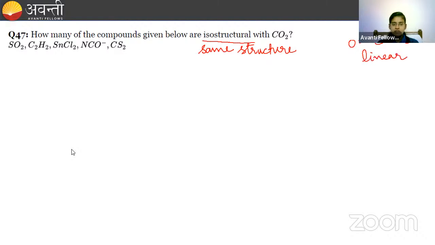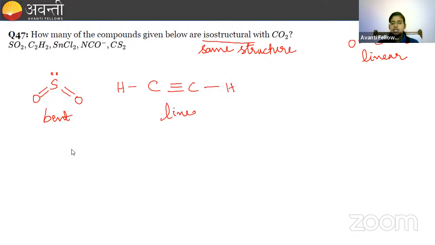Let me start with sulfur dioxide. Sulfur dioxide is S double bond O with one lone pair, because sulfur has 6 valence electrons, right? So the shape is bent. The structure of SO2 is bent. And when you go for C2H2, C triple bond C, H and H. C2H2 is linear.